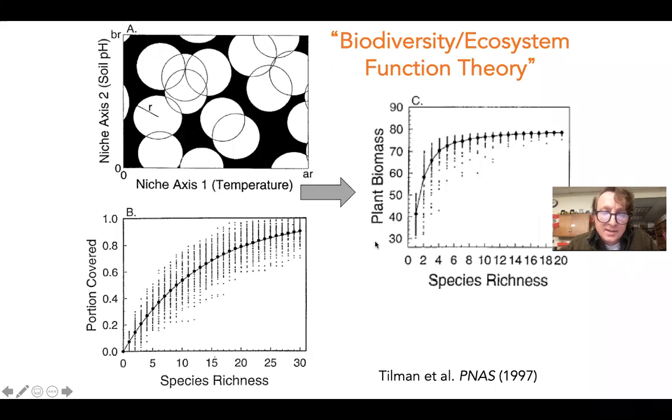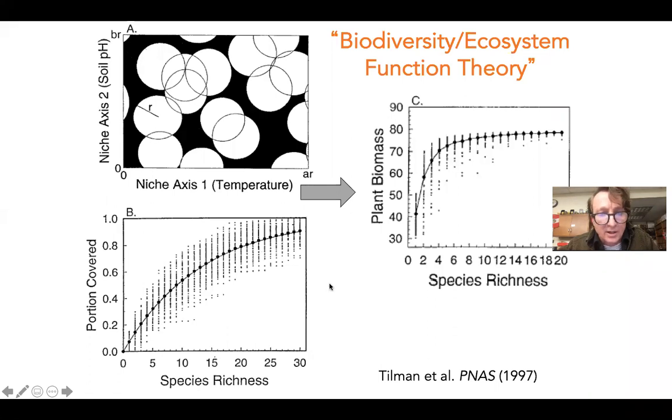So based on this simple theoretical model, there should be a relationship between the number of species in a community and the total portion of niche space covered, but also the total amount of plant biomass present, or the amount of biomass produced, or the net primary productivity. So there should be an immediate linkage between species richness, the total niche space, and the total functioning of an ecosystem.